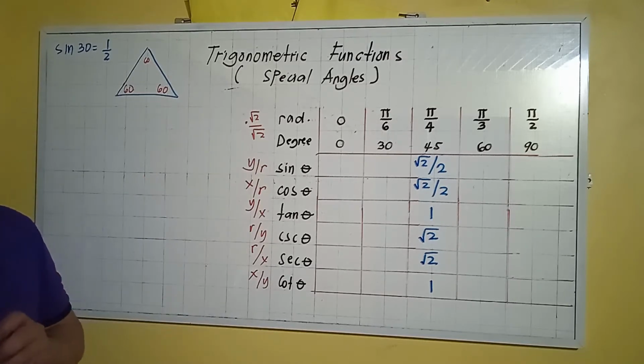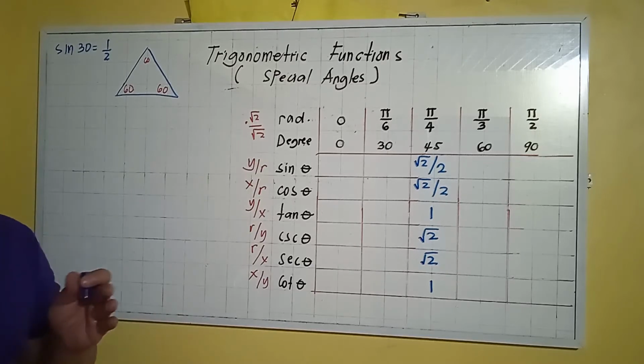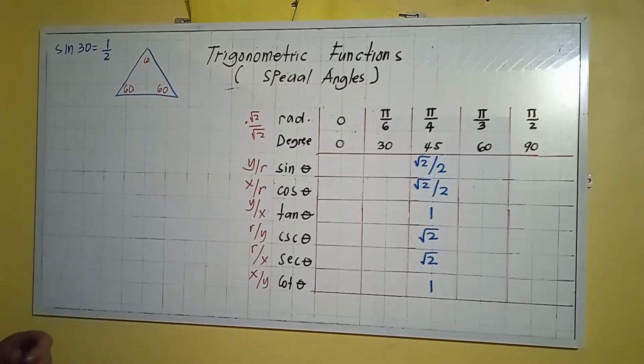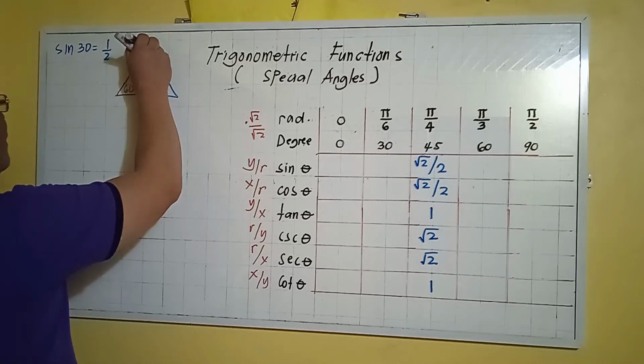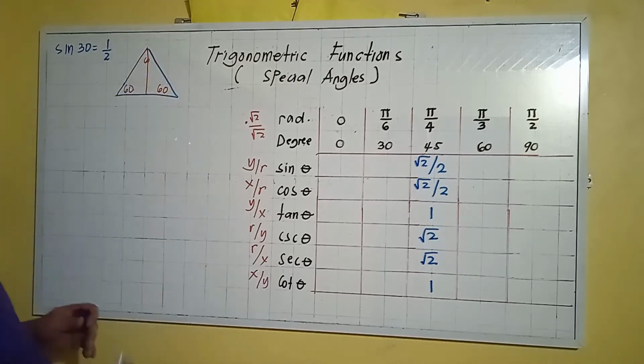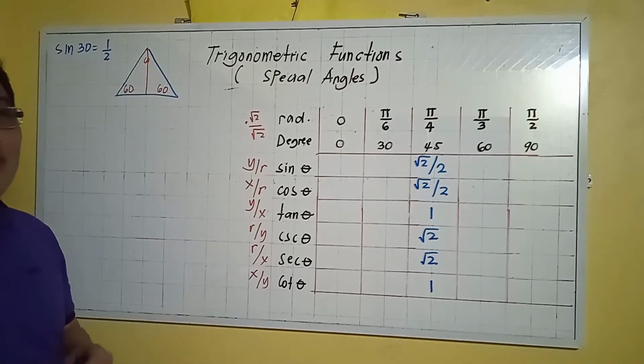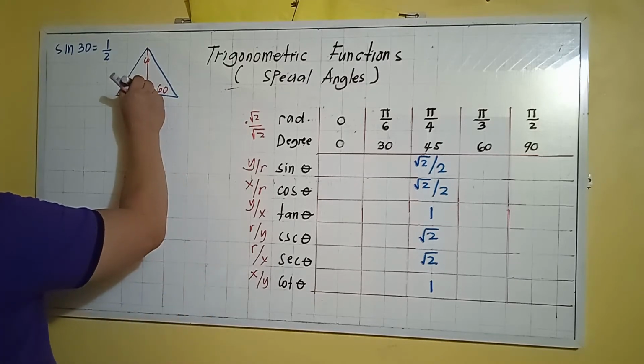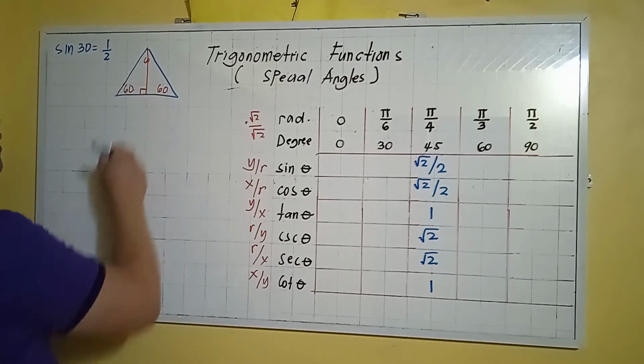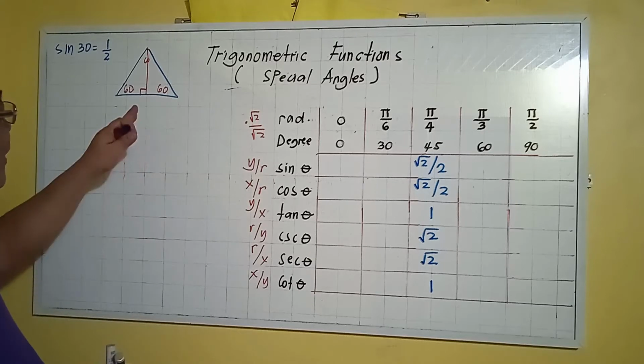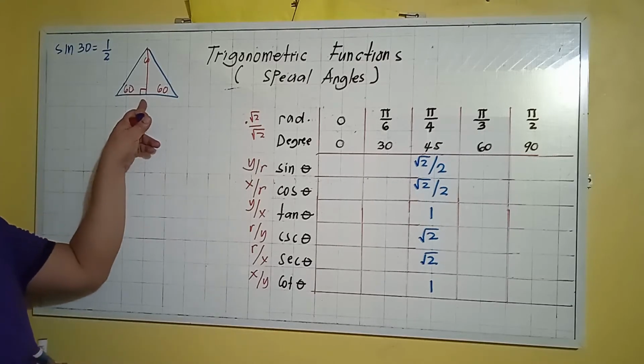Para maging 90 degrees yung isa sa mga angle niya sa loob ng triangle, hahatiin ko ito sa dalawa. So, pag nahati ko yon, magiging perpendicular yung pinangkat ko dyan. So, magkakaroon na tayo ng 90 degrees.